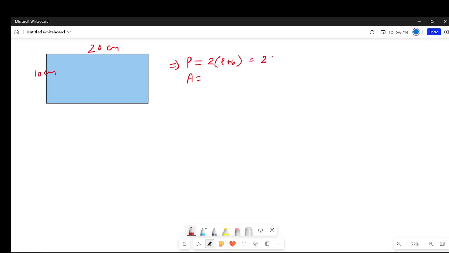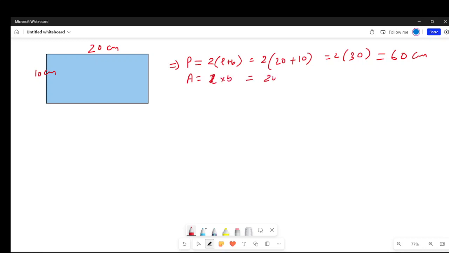Then L is given 20 and B is given 10. Then 2 into 30, you will get 60 centimeter. Now, if you try to find out the area, it will be L into B, that is the formula.